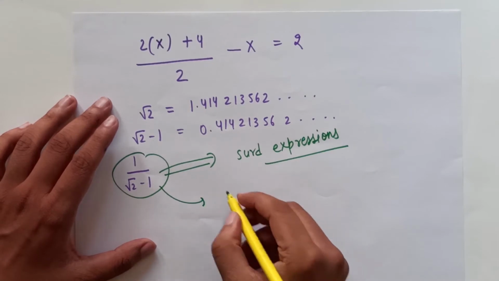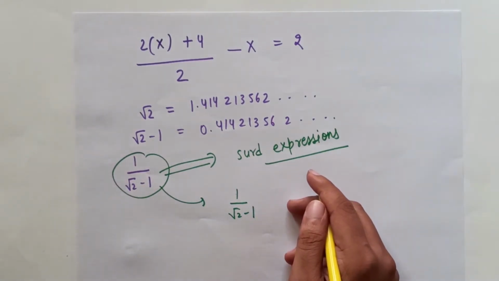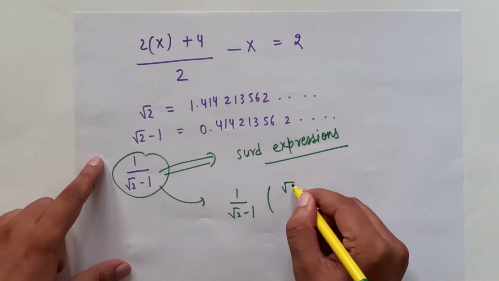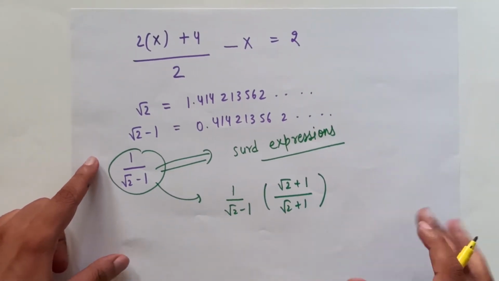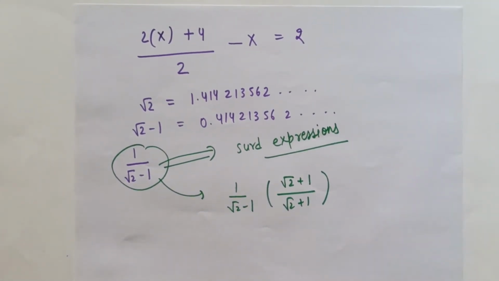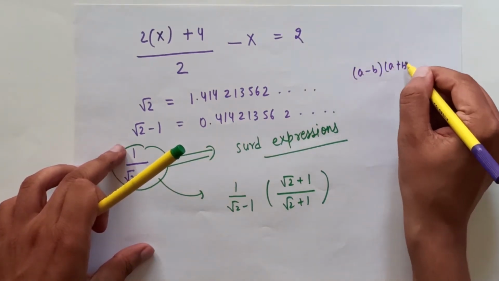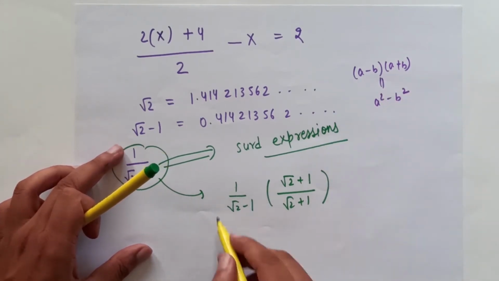Now, how can we simplify it? Well, there is a technique you may know as rationalizing. Take this expression, 1 over root 2 minus 1, and we have to rationalize it. So we multiply it by root 2 plus 1 over root 2 plus 1. Now we know the identity (a minus b)(a plus b) is equal to a square minus b square, which we are going to use in the denominator.